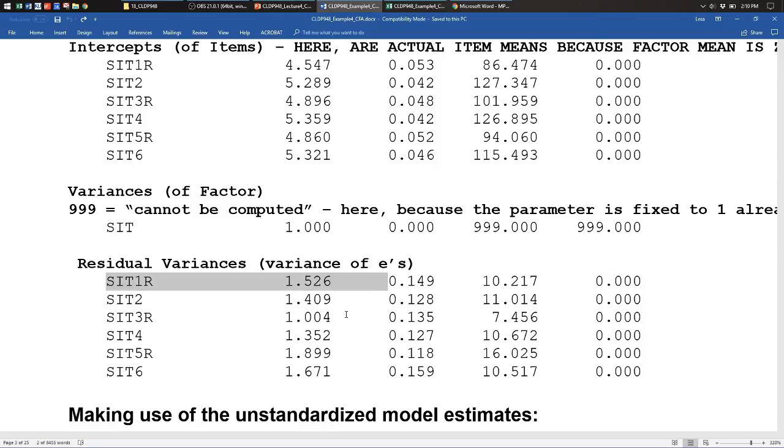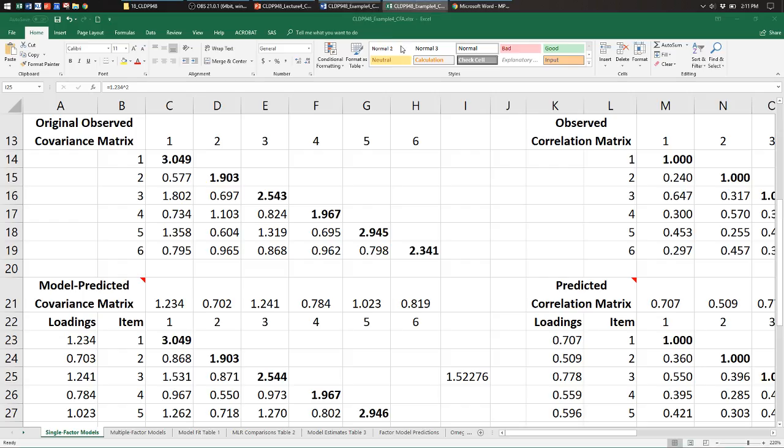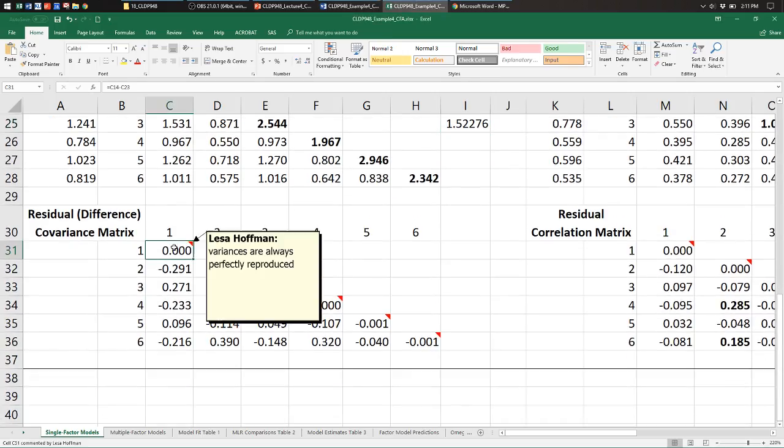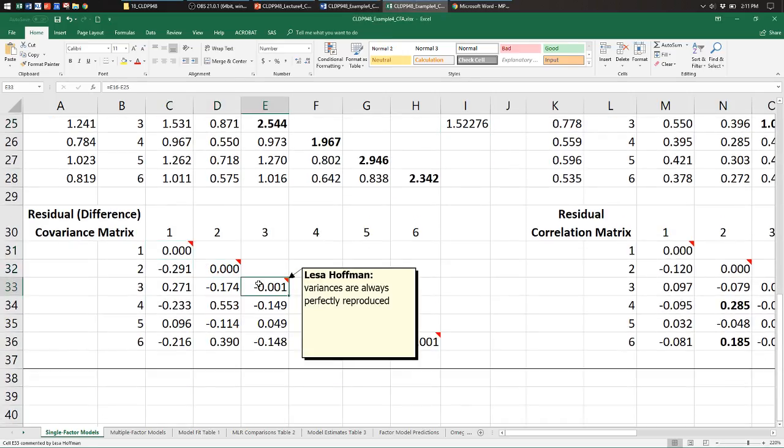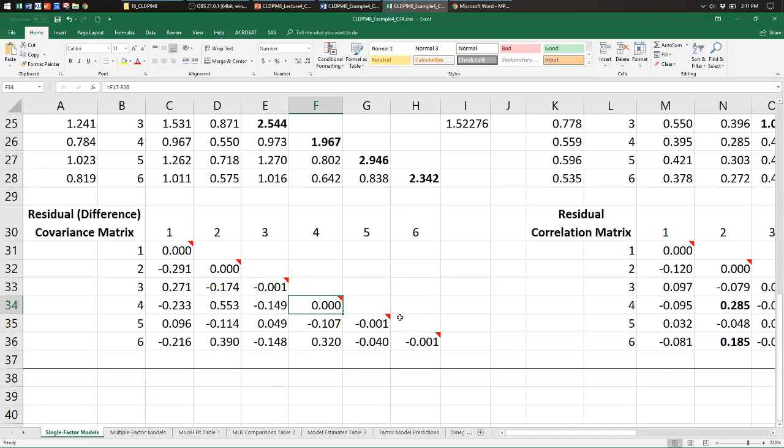We only need 2 out of 3 to figure out what the third thing is. So to the extent that each item gets its own residual variance like it does here, the variances are always going to be perfect. And that's what this note says, by the way. Variances are perfectly reproduced. And the fact that I'm off is because of rounding error. I only took 3 significant digits.